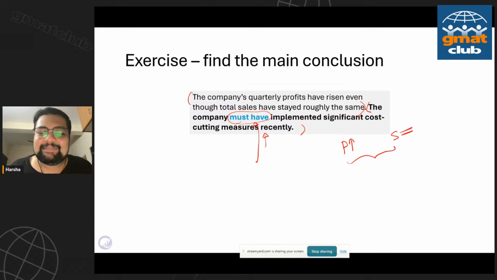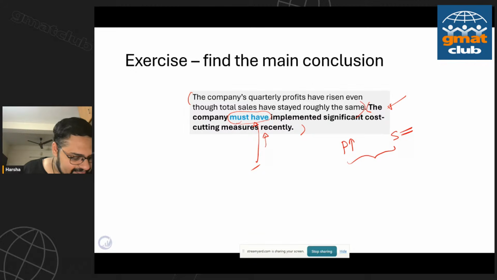So this must have is the actual piece of information that gives you a clue that this is something of a claim. The author is hypothesizing what must have happened. It's not necessary that this happened, right? The author is saying this must have happened. So I want you guys to start paying attention to these small details, right?